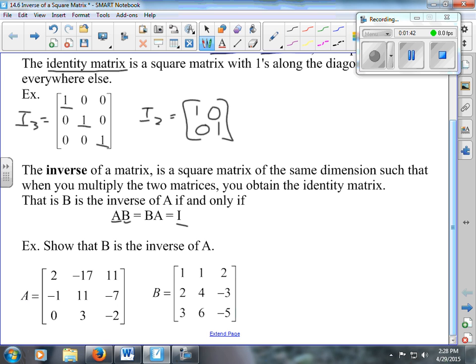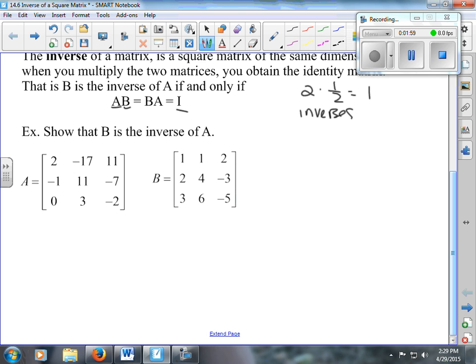The analog in numbers would be 2 and 1/2. These are inverse numbers because when you multiply 2 times 1/2, you get 1. The same kind of thing is happening here with matrices.